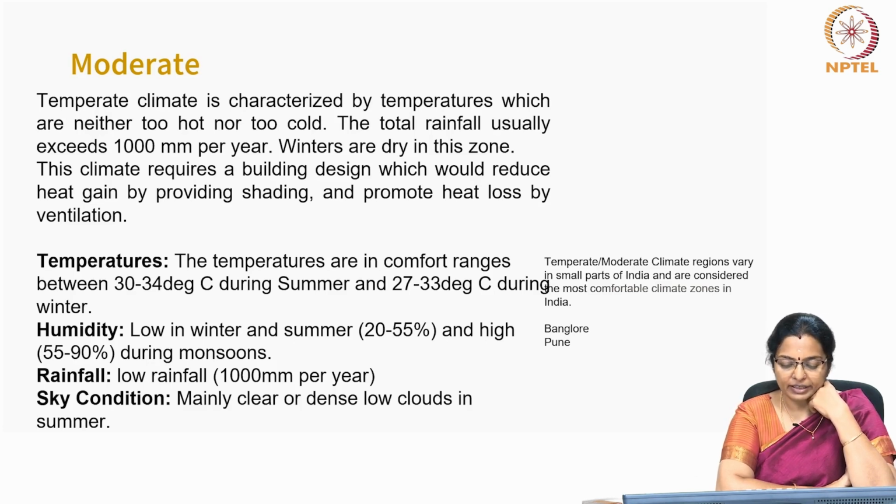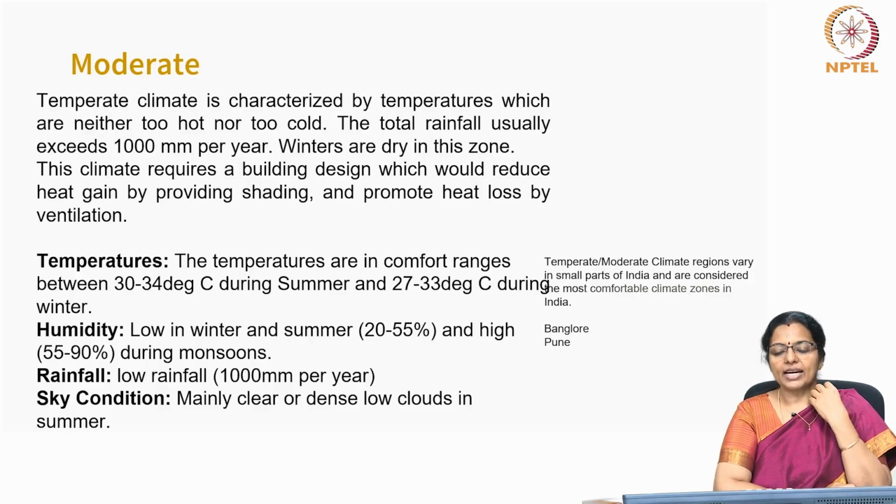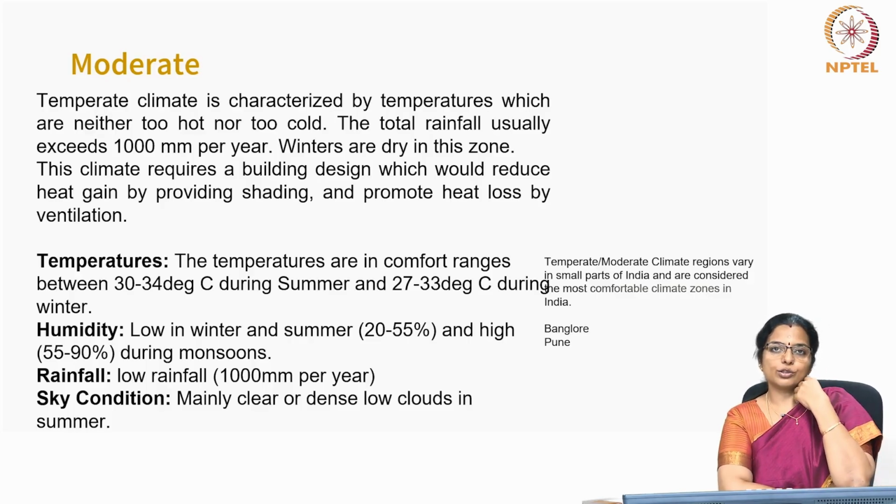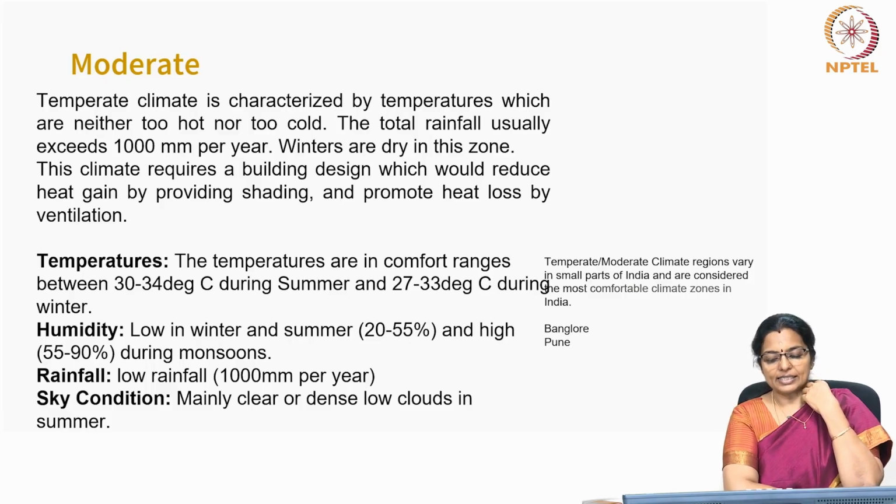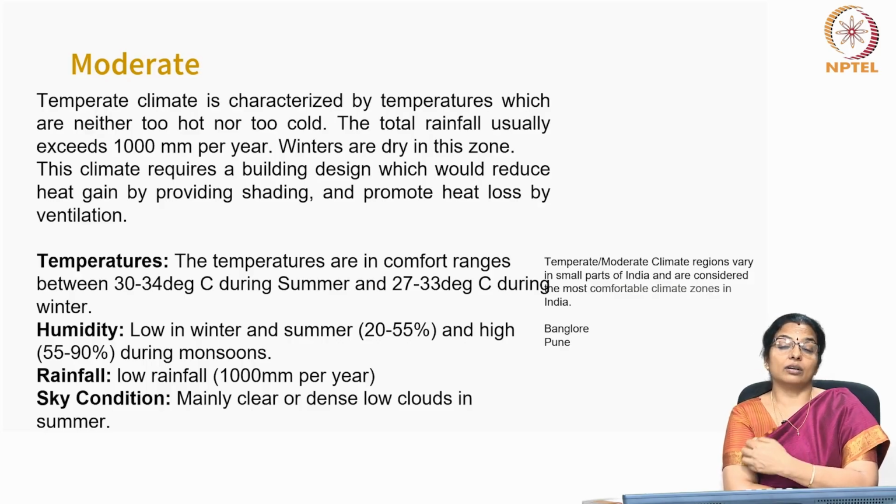Humidity is low in winter and summer and extremely high during monsoons. During winter and summer, the humidity is about 55% maximum, whereas in the monsoon, it can get very sticky.